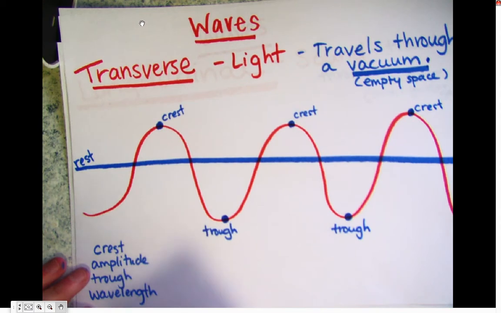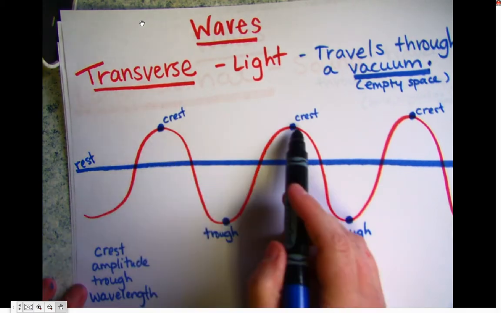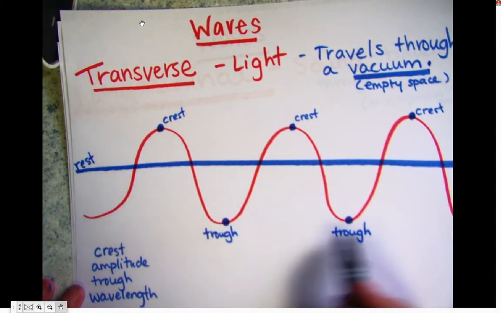So let's go to wavelength. When you measure wavelength, you can do it in two different ways. You can go from crest to crest or from trough to trough.